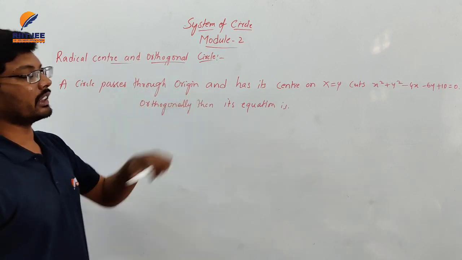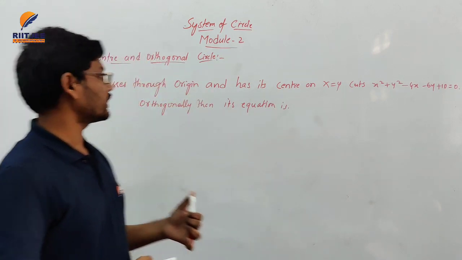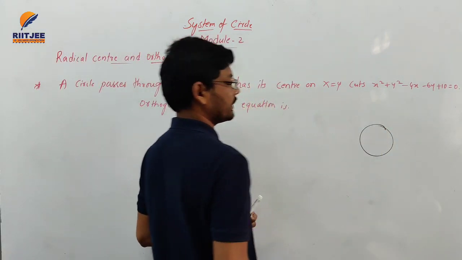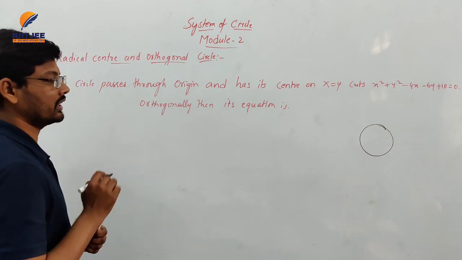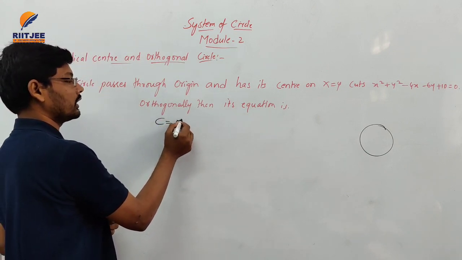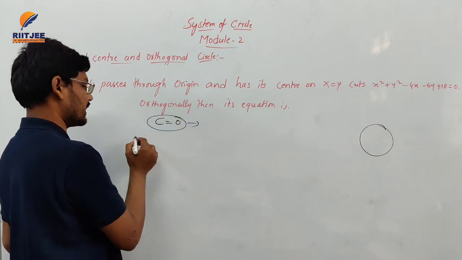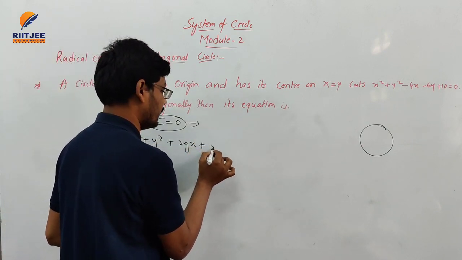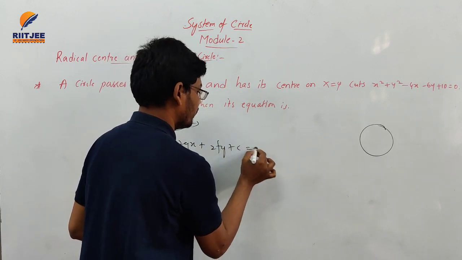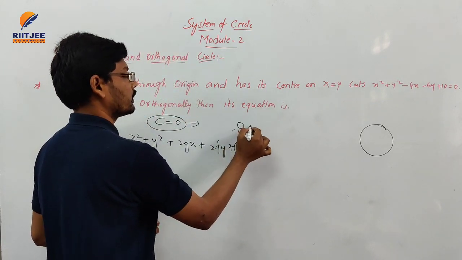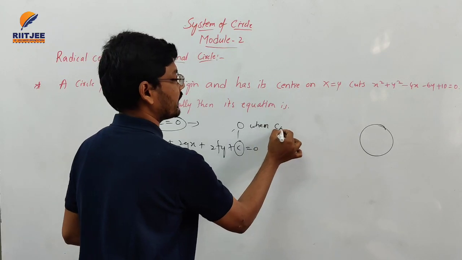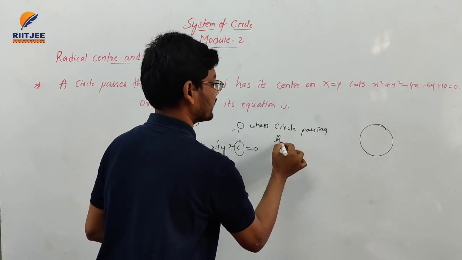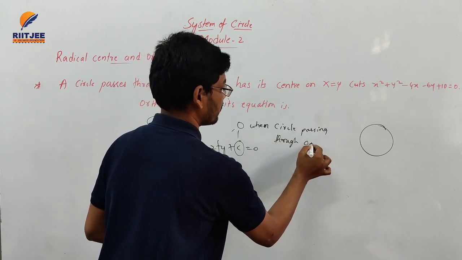See here. A circle is passing through origin. First of all, understand the question. Passing through origin is nothing but it is having the constant c is equal to 0. Generally, the equation of circle is x square plus y square plus 2gx plus 2fy plus c is equal to 0, where c is 0 when circle is passing through origin.